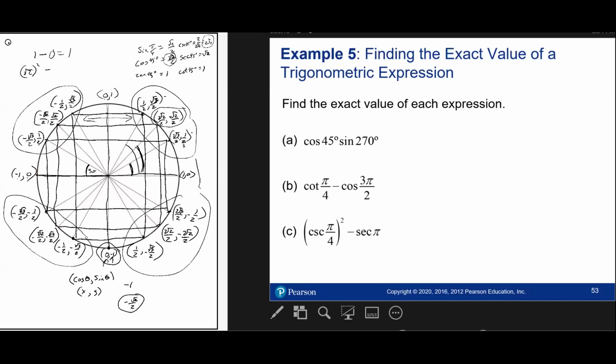And secant is 1 over cosine, so it's 1 over the x value. So that's going to be 1 over -1, which is a -1. So it's going to be minus a -1, which ends up being +1. So the square root of 2 squared is 2, and 2 plus 1 is 3. So the answer to letter C is 3.